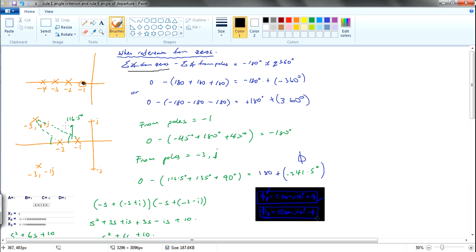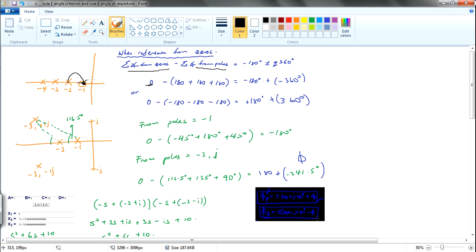The angle from zeros, since there's only one zero, is always the same, it is 0 by itself. Then minus the sum of all angles from poles.